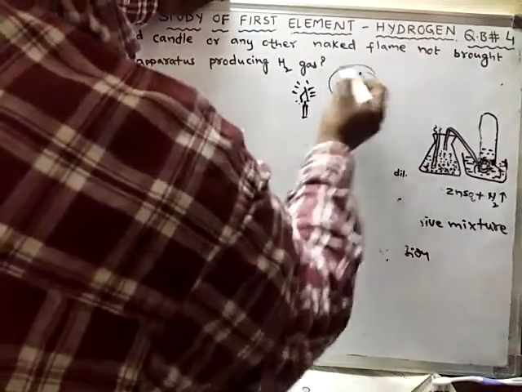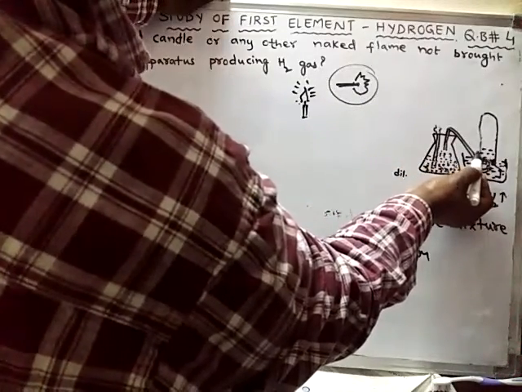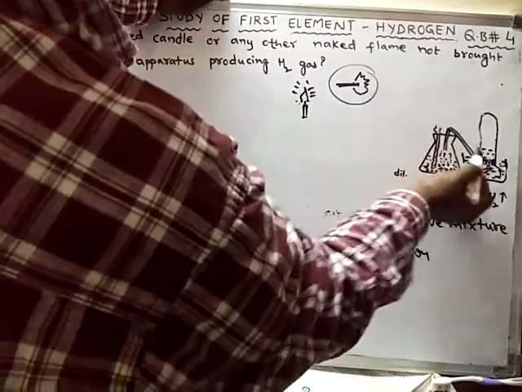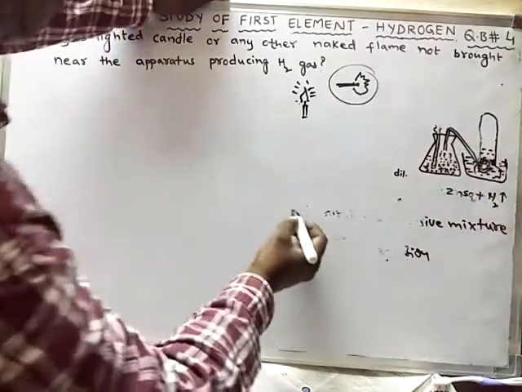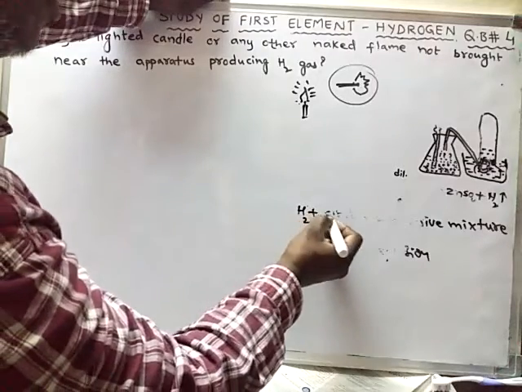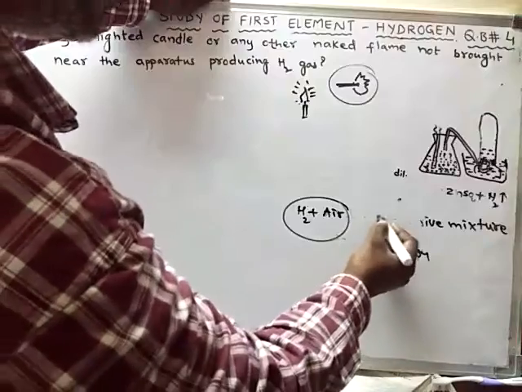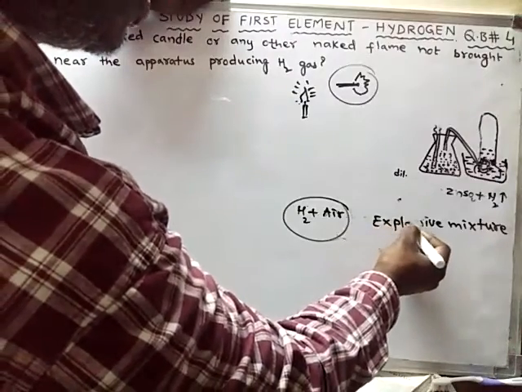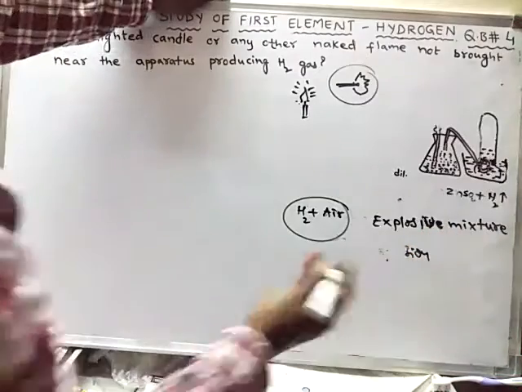Suppose this flame is brought near, what happens? The hydrogen which has leaked here immediately catches flame. It will burn and undergo explosion. Already we have seen that hydrogen and air mixture is an explosive mixture, hence it undergoes explosion.